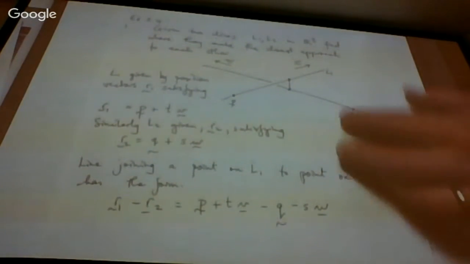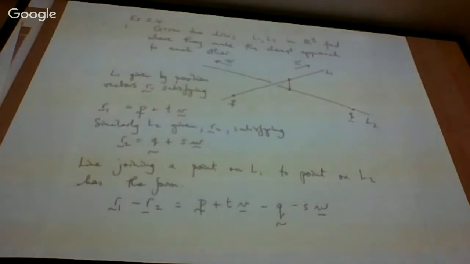So we've got an expression that captures that little red joining segment between the two lines. It relies on these two parameters, t and s. t governs where the point is on L1, s governs where it is on L2.